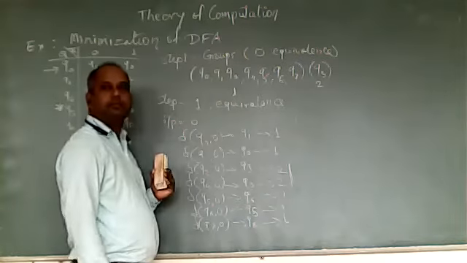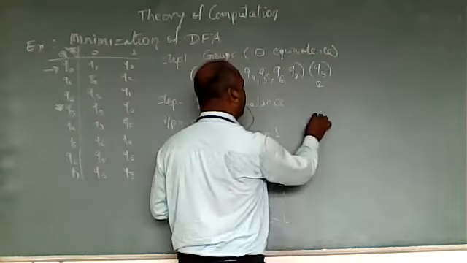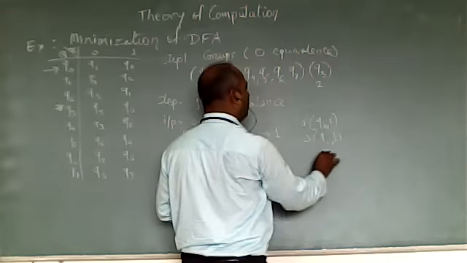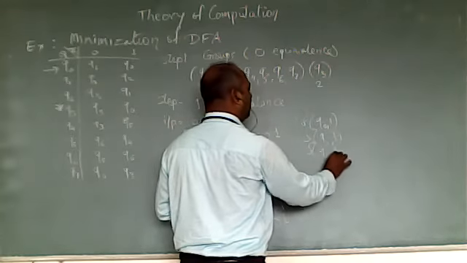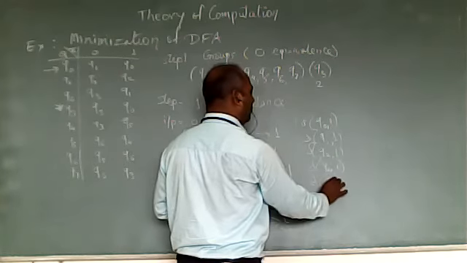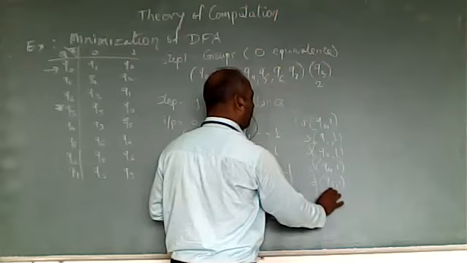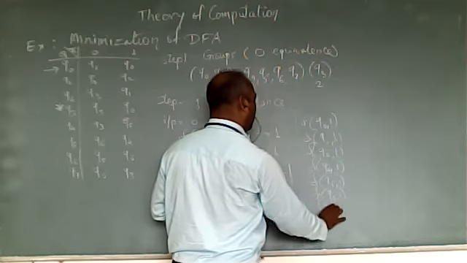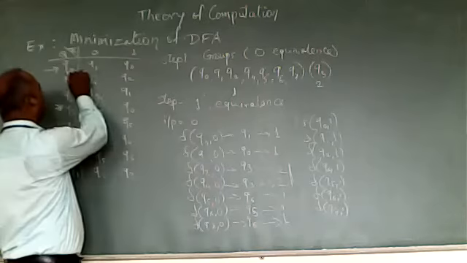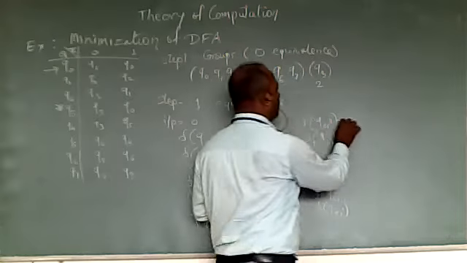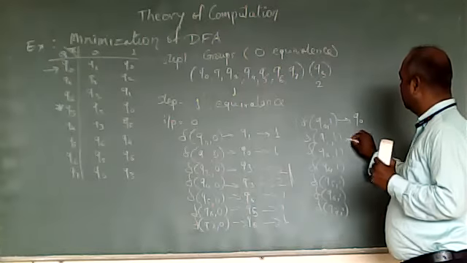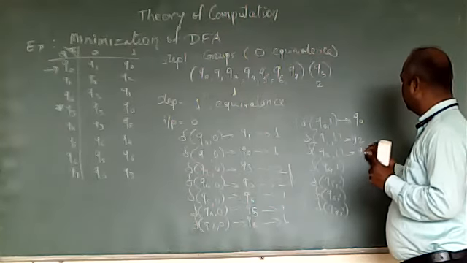Now we check with the 1 input. Delta of Q0 with 1, Q1 with 1, Q2 with 1, Q4 with 1, Q5 with 1, Q6 with 1, Q7 with 1. Q0 with 1 goes to Q0. Q1 with 1 goes to Q2. Q2 with 1 goes to Q1.